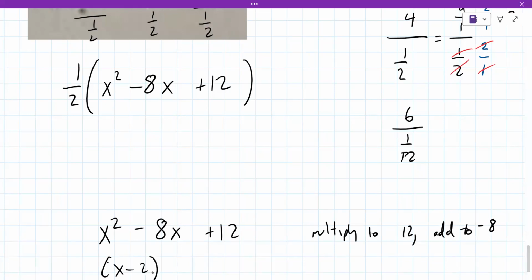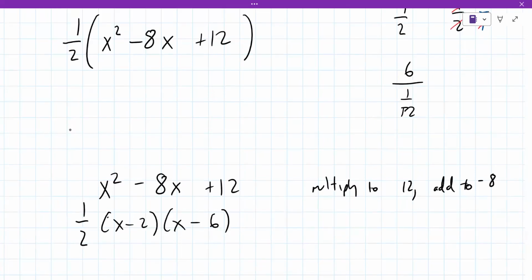X minus 2, X minus 6. And then you bring down the 1/2. Okay. All right. Any other questions on that before we move on to some other problems here?